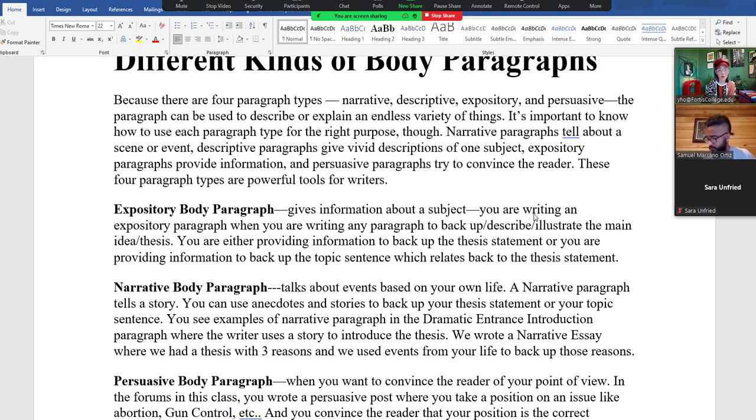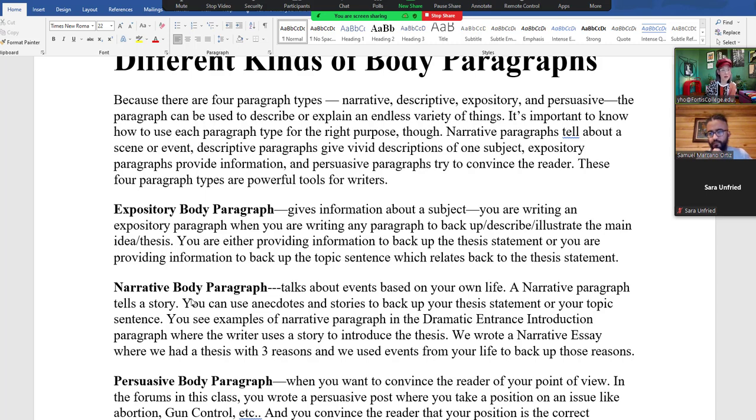And so here you are writing an expository paragraph when you are writing any paragraph to back up, describe, illustrate the main thesis. You are also providing information to back up the topic sentence. So expository is any kind of, if I say climate change involves the warming of the temperatures, so I'm just informing the reader of the topic. So that is expository because you're exposing the truth, hence the word expository.